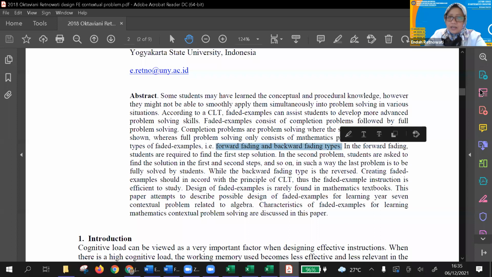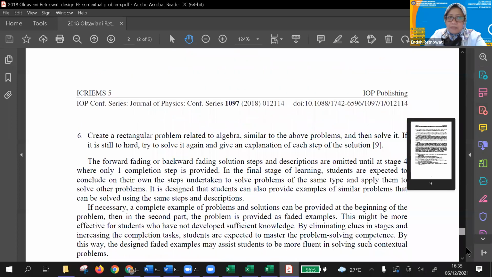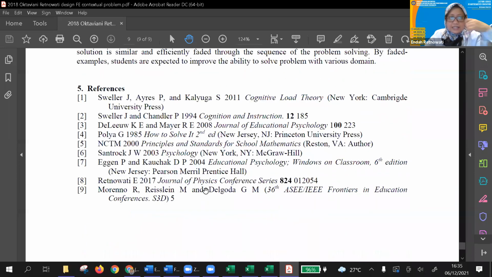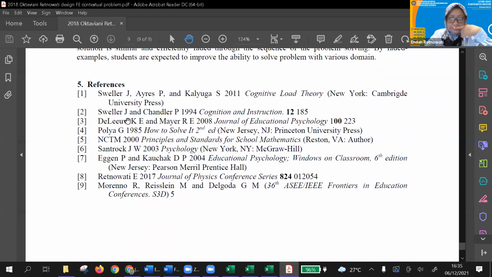And there are 2 types. For the main references for this, you can try this one. Or you can find this one, number 1 is the main reference for this.